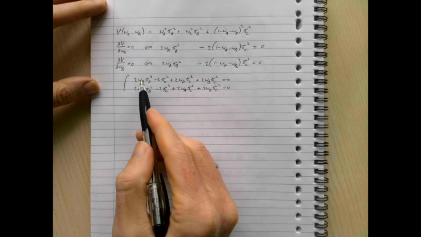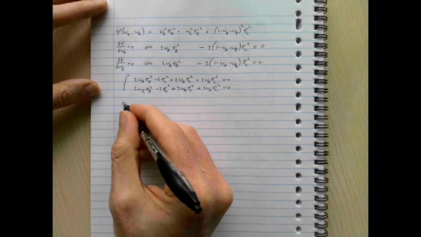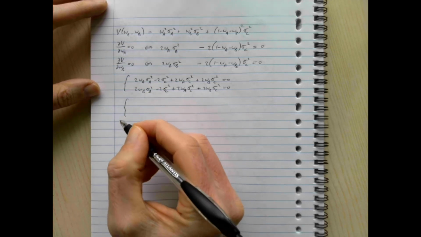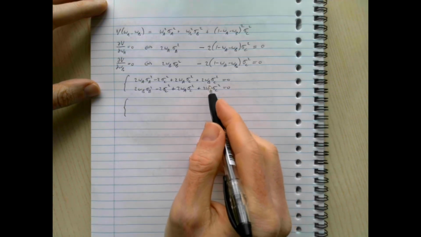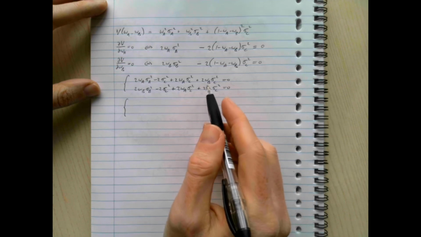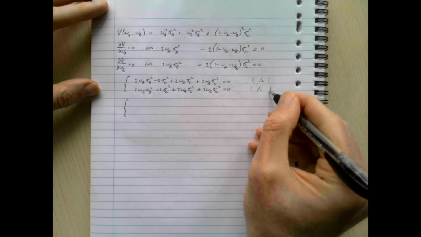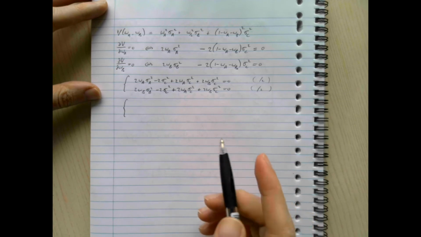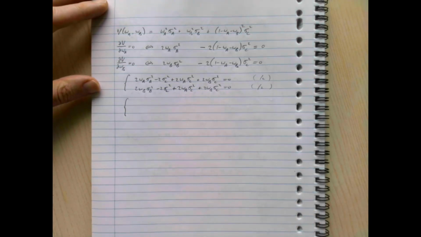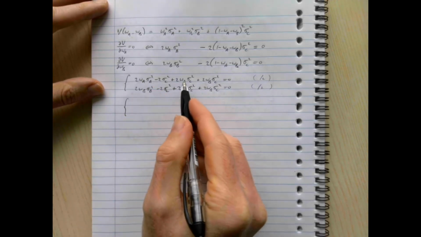Now I want to figure out what WA and WB are, so let me take together the terms that have WA multiplying them and the terms having WB multiplying them, and let me divide everything by 2, because you can see there's a 2 in each of these terms. Dividing the whole equation by 2 makes things simpler. So which terms have WA? The first term and the third term.